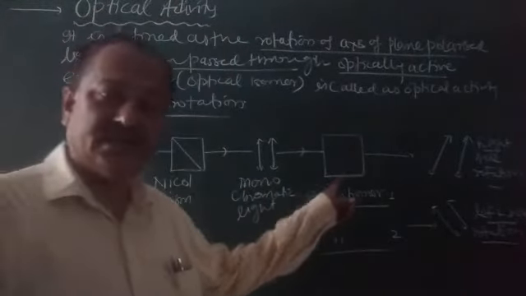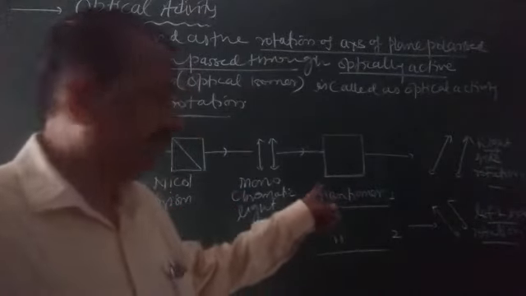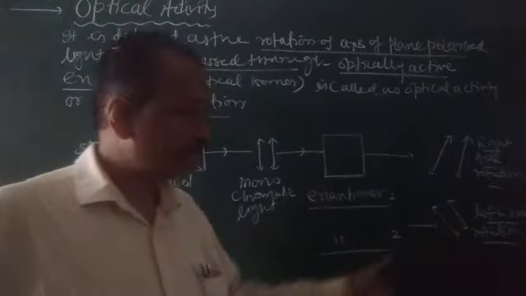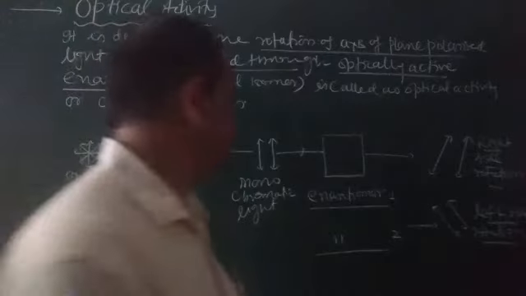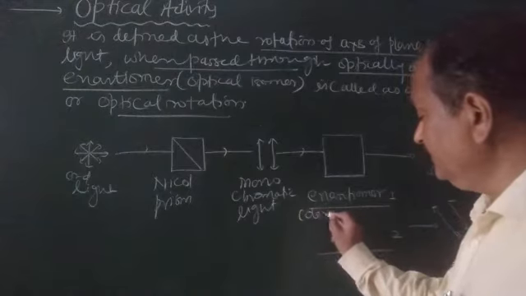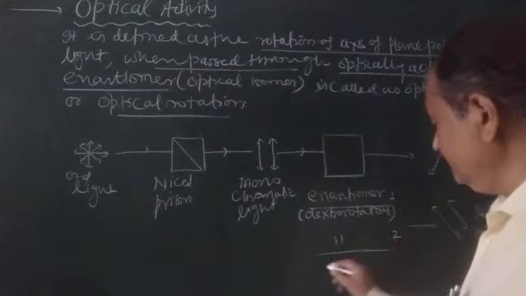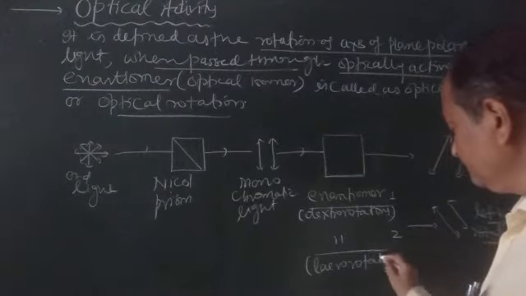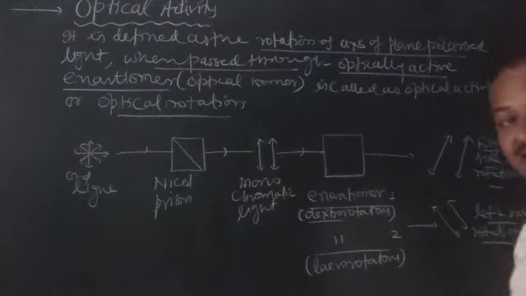So see, when we pass this monochromatic light through an enantiomer or optical isomer, there are two types of enantiomers. If one enantiomer rotates toward the right hand side, then it is called dextro-rotatory, and the other one is called levo-rotatory.